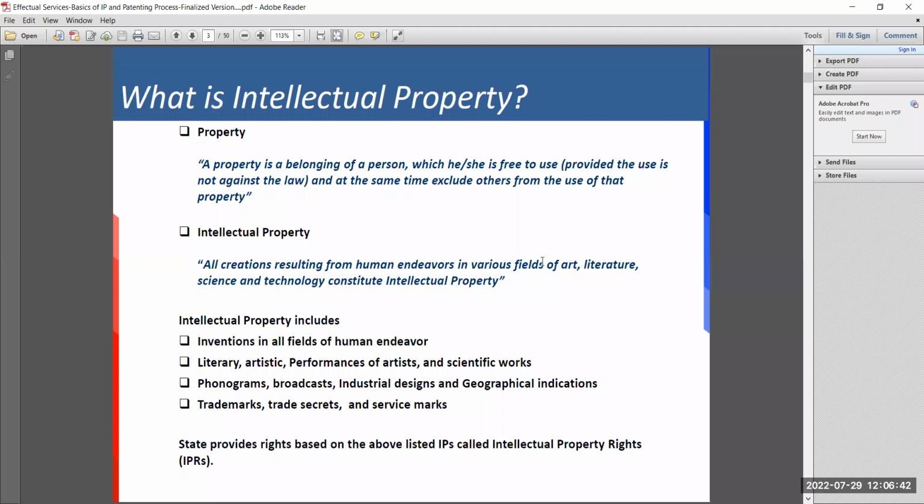Any property which belongs to a particular person, if it is related to technical improvement or any improvement in the art, literature, science, and technology, is an IP. So in day-to-day life, there are a lot of problems that we face, and we think this should have a simplified version. So even that is an idea.